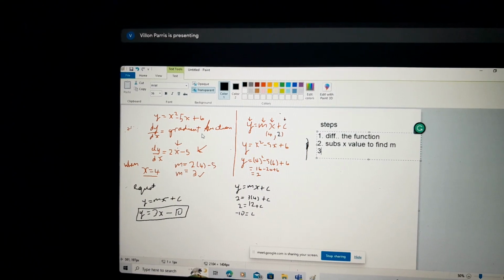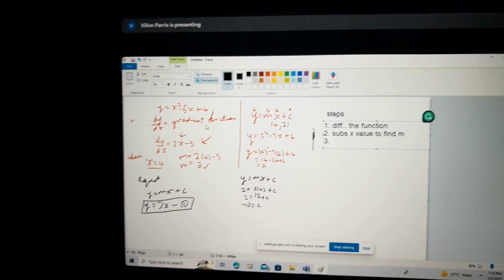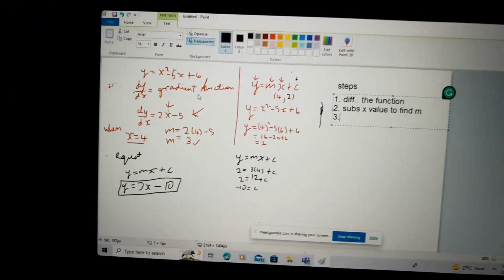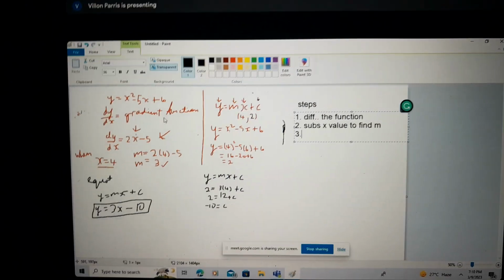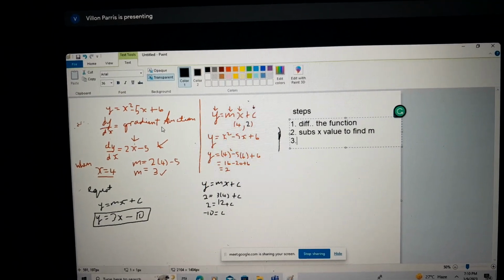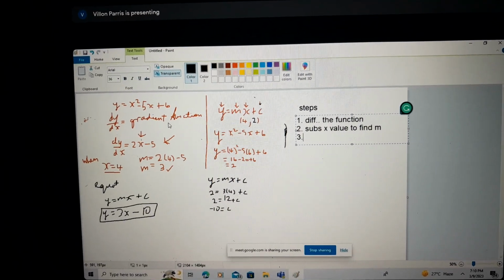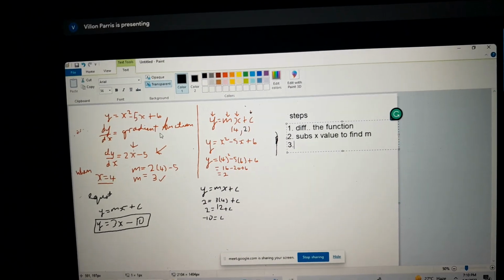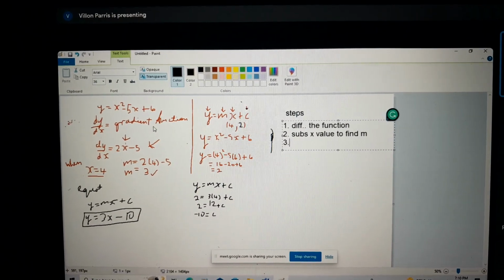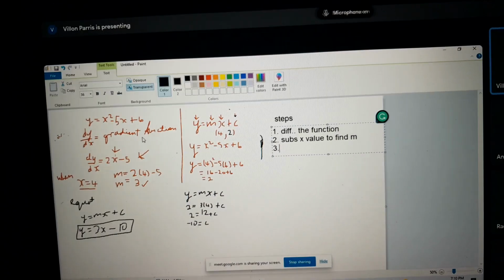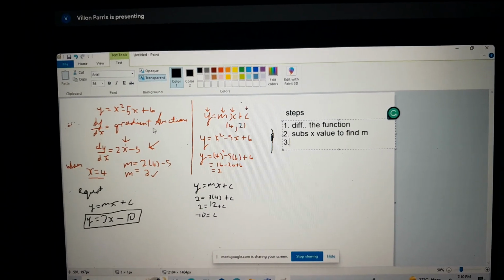Next, third step. After we find m, what's the next important thing we need to find the equation of a line? So you substitute the values.